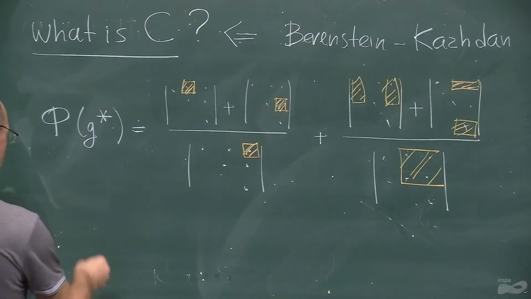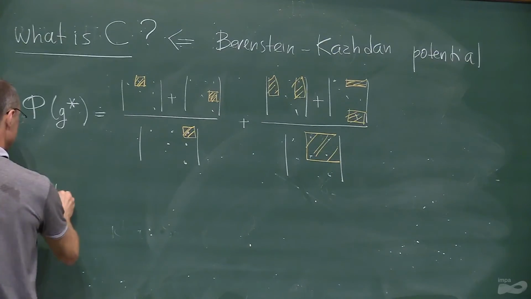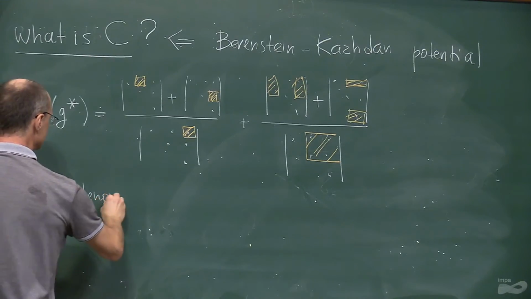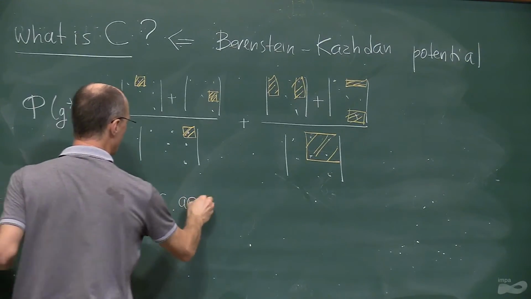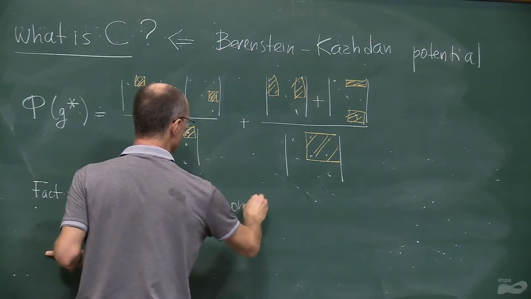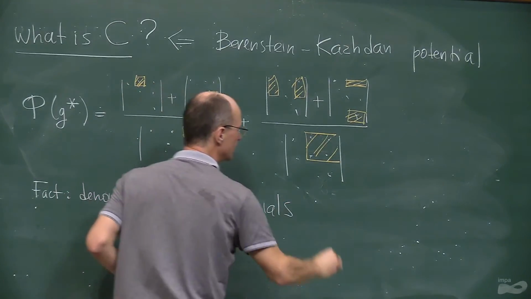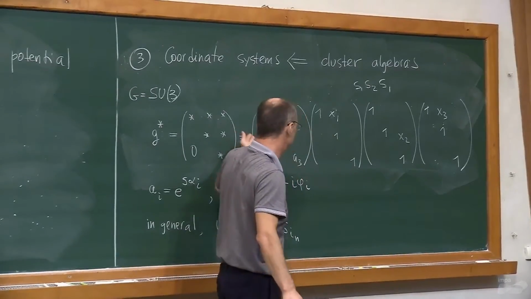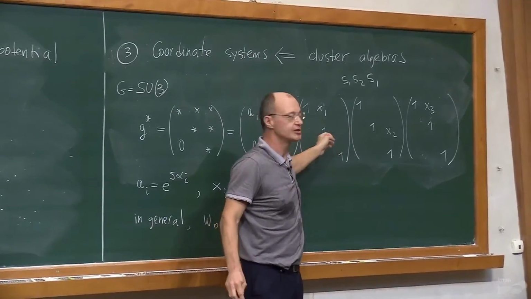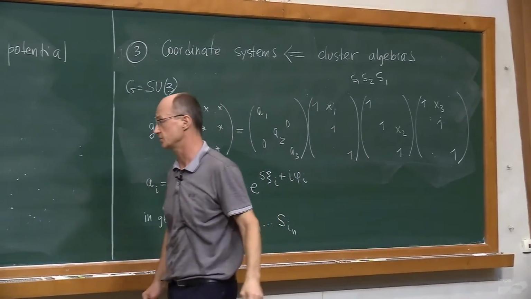So one fact is that denominators are always monomials in terms of those coordinates a and x. I invite you to do the exercise. That's actually surprising and interesting. So they turn out to be monomials.